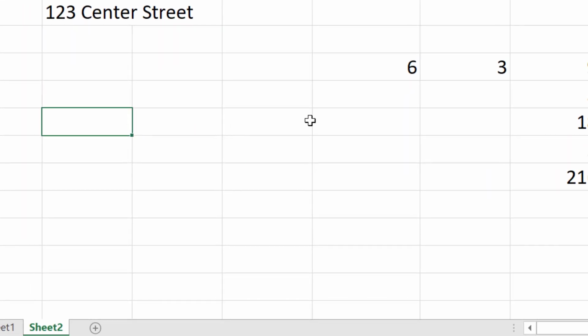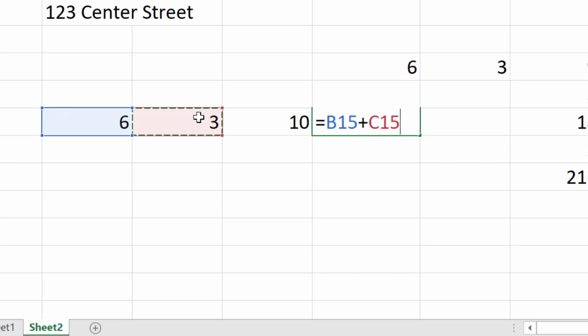Let's do 6 plus 3 times 10. So if I build that formula equal to B15 plus C15 times D15, what will happen? This gets into something that Excel calls the order of operations.